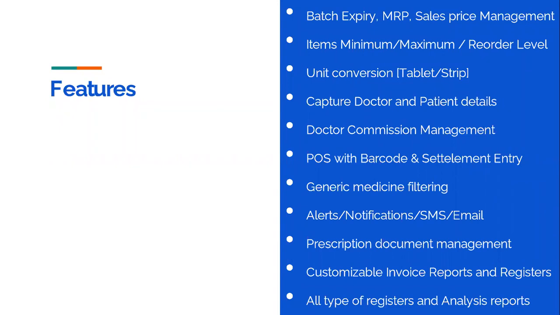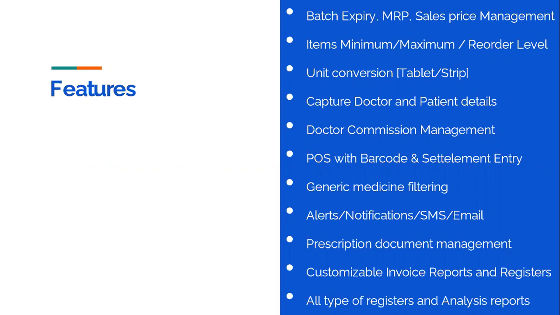After that, the shopkeeper internally shares some commission percentage with the doctor. Sometimes they will share, sometimes they will not. It depends on the particular shop and doctor. But in Busy, we have the option to do commission calculation also. Is it possible? It is possible here. Other than this, doctor commission management is possible.